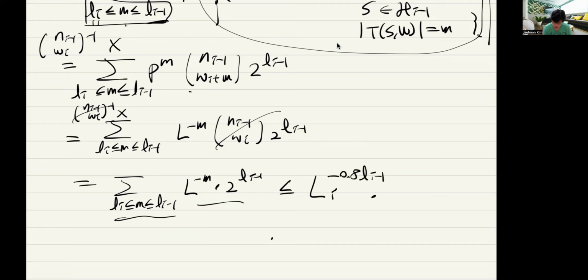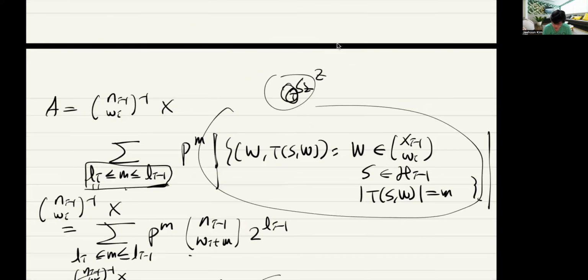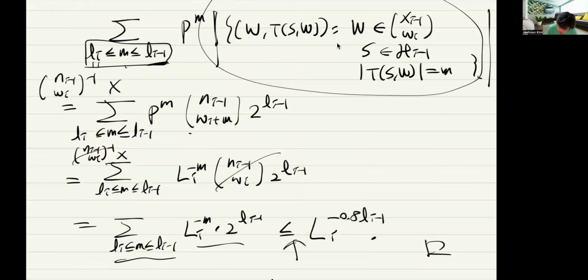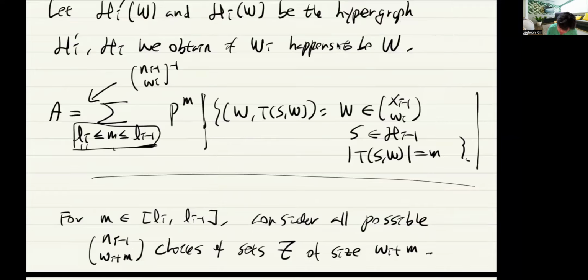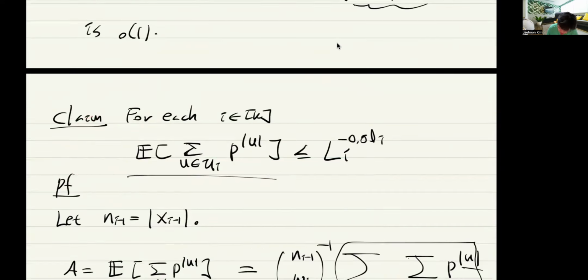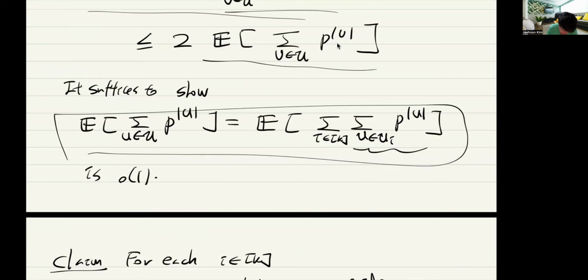So each one of them will have to be equal to Li. The last step is because L is sufficiently larger than 2. Okay, so this proves the claim. Now we have this claim, then you can compute this.